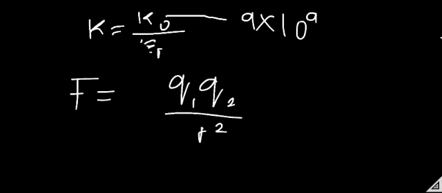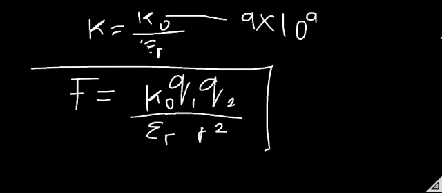That's what we just derived. It now becomes k naught over epsilon r.